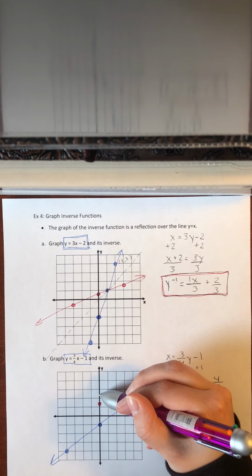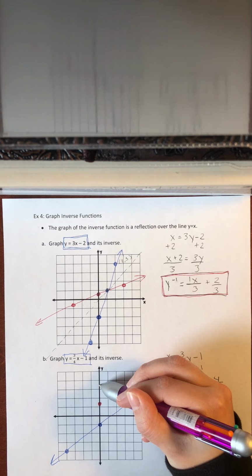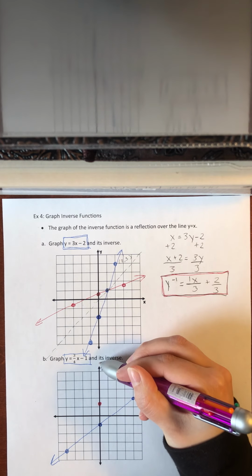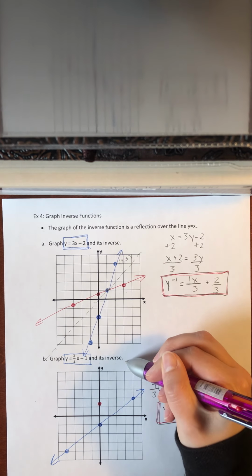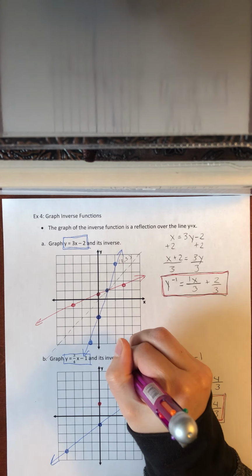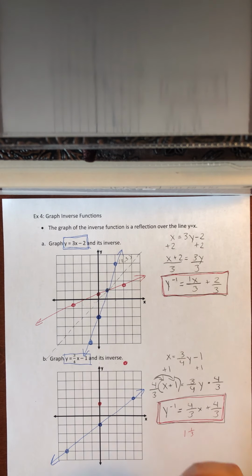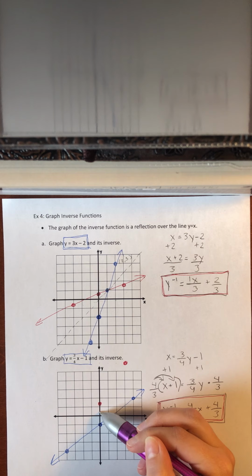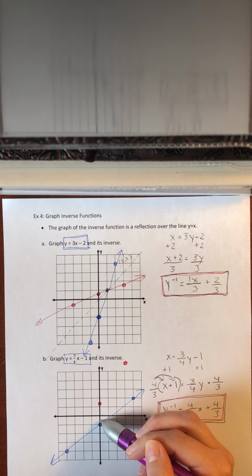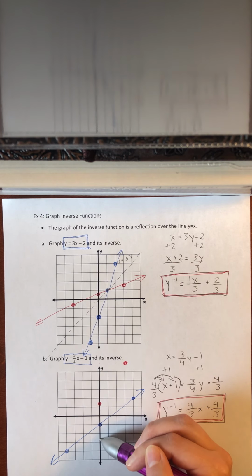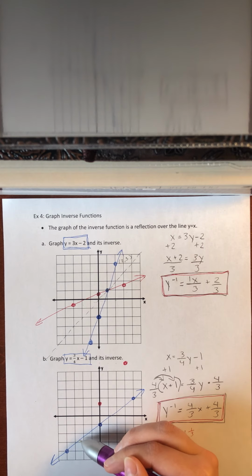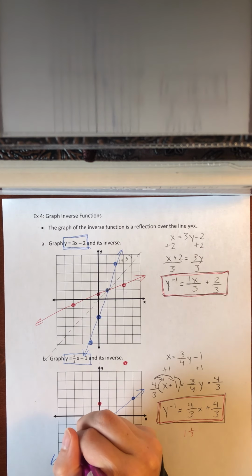So up 1, 2, 3, 4 over 1, 2, 3. So that's right about here. It goes off your graph a little bit, but that's okay. And then you're going to go down 1, 2, 3, 4 over 1, 2, 3, going in the opposite direction. It's about right here.